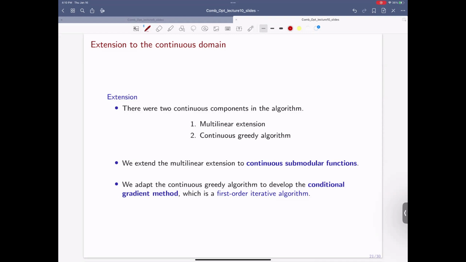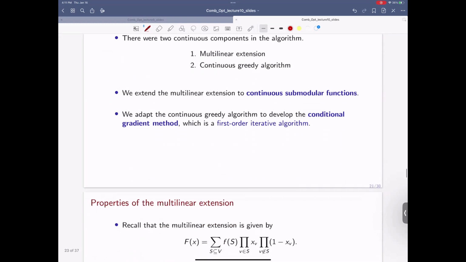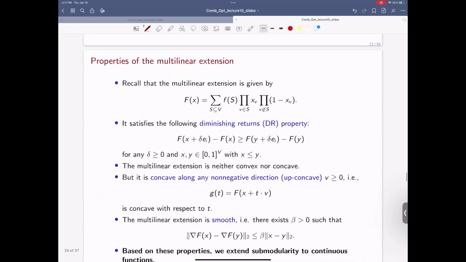And in fact, those functions arise in many applications in machine learning. That's why people have started studying this class of functions, which are called continuous submodular functions, for the last 10 years. So I'm going to explain what they are.